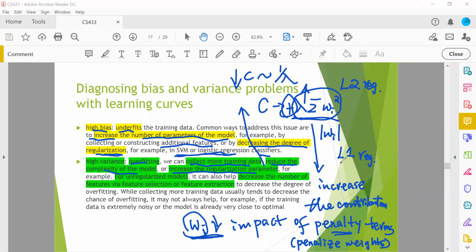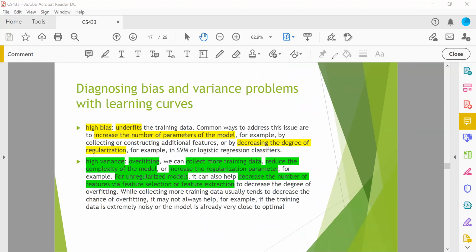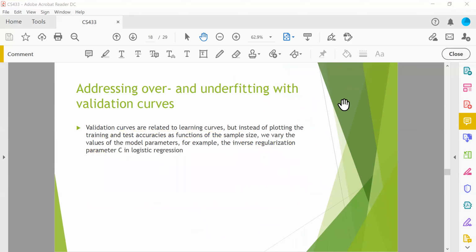That's why we said L1 can also contribute to feature selection. So you can also use regularization to adjust the variance. We already learned this previously, we just didn't summarize the relationship.